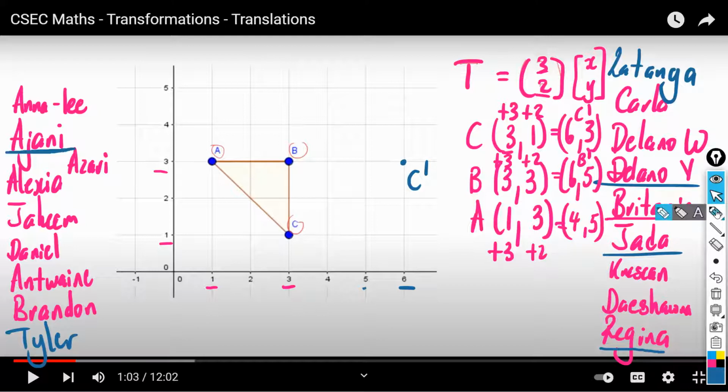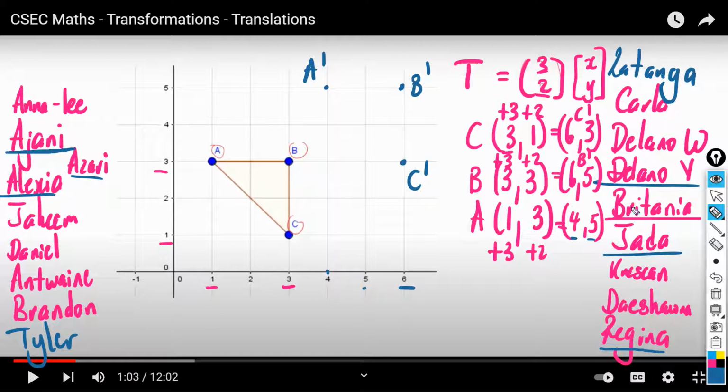And then the next point now, it's going to be 6, 5. So 6 for the X-axis, 5 for the Y-axis. So see the B point here, B prime. You understand that, Azari? And the next point now, it's going to be 4, 5, which is right here, which is A prime. You understand that, Alexia?